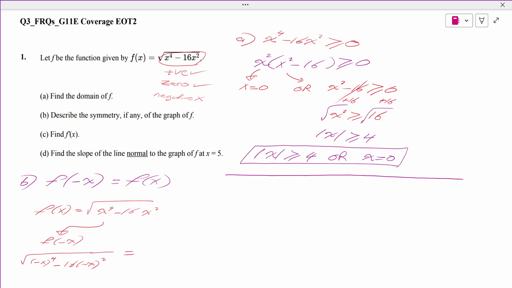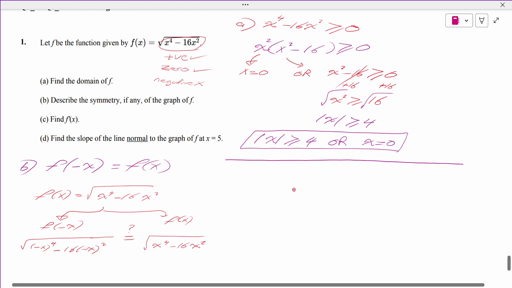Is it the same as f of x? And f of x is given, by the way. It's the square root of x to the power of 4 minus 16x squared. So here minus x raised to the power of 4 will be x to the power of 4, minus 16 times negative x raised to 2, x squared, which is the same as x to the power of 4 minus 16x squared.